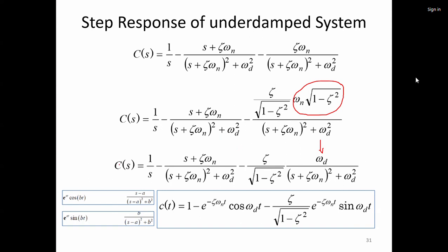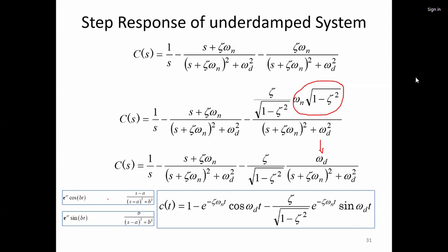So if you want to go from the output in the frequency domain to the time domain, the Laplace inverse of 1 over S is basically 1. And the Laplace inverse of this term here is similar to what you see here. This is from the Laplace table I have reproduced here for your convenience.